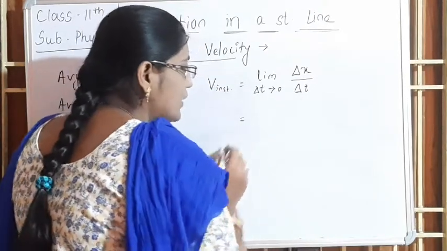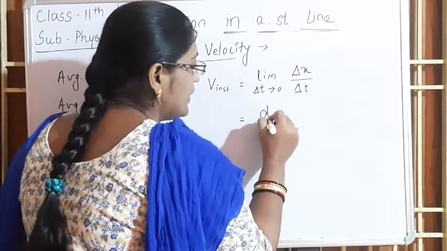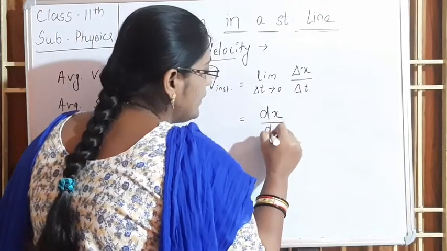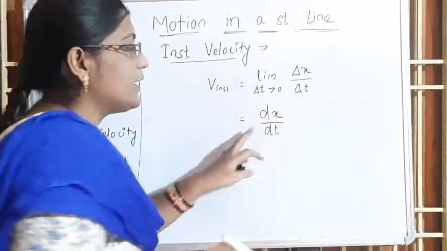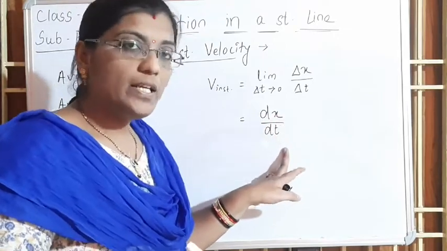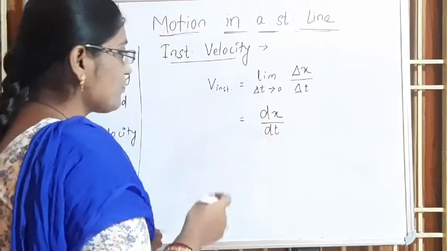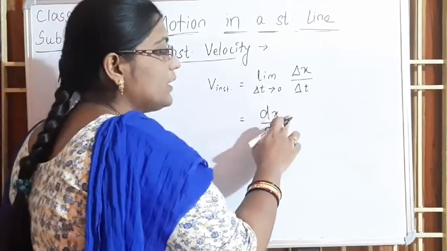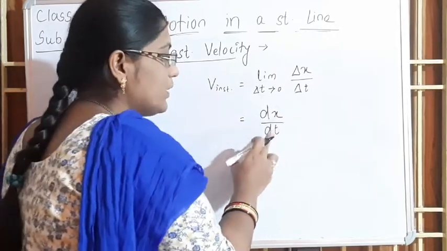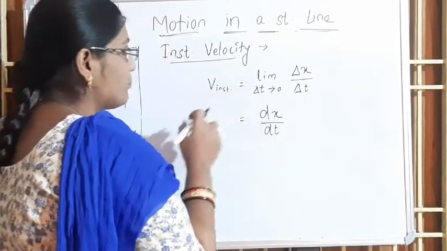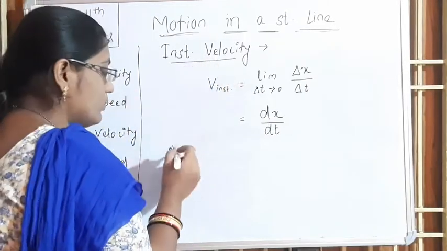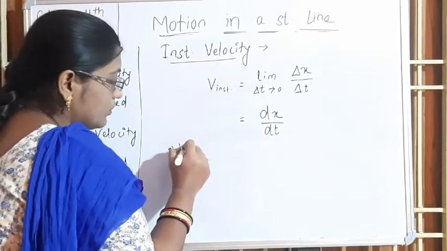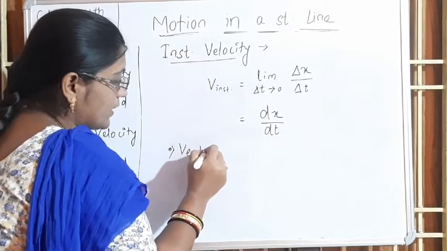So in the calculus method we write dx by dt. This is called the derivative of x, or displacement, with respect to time. Here it is a velocity, so it is a vector quantity.